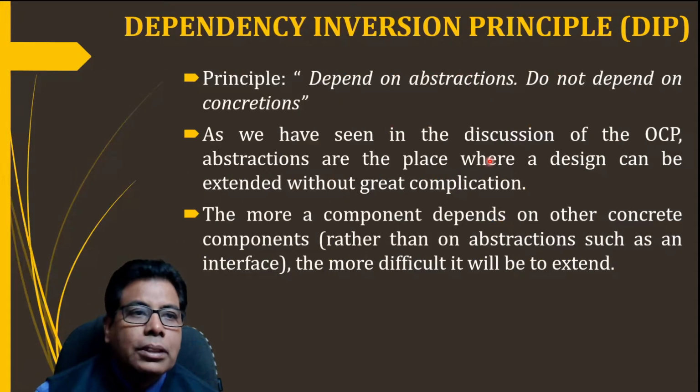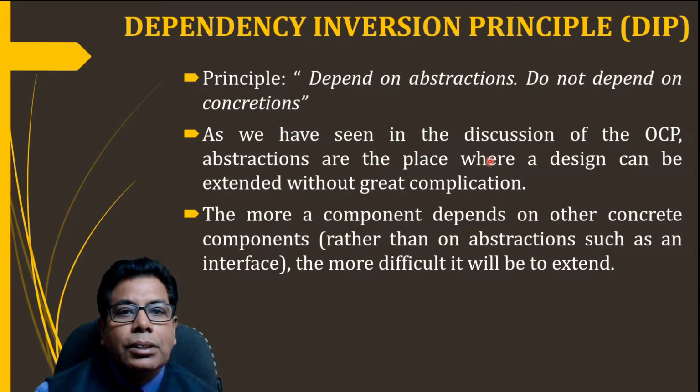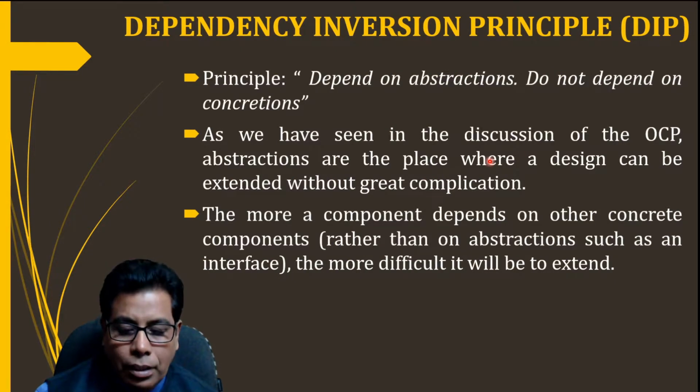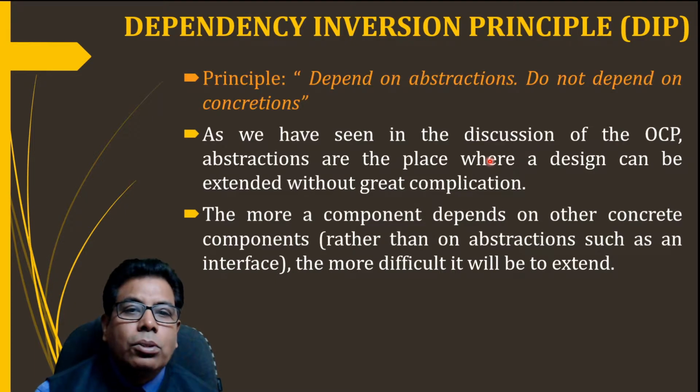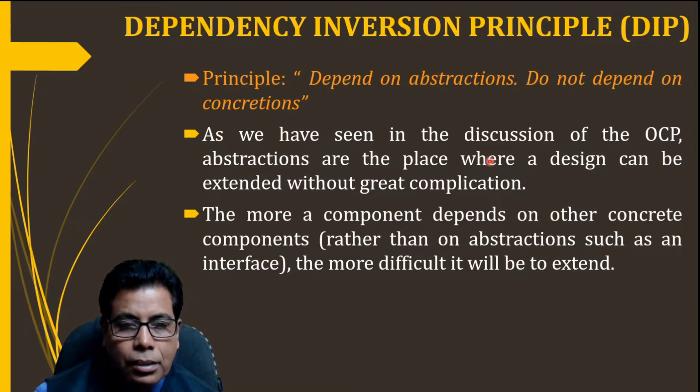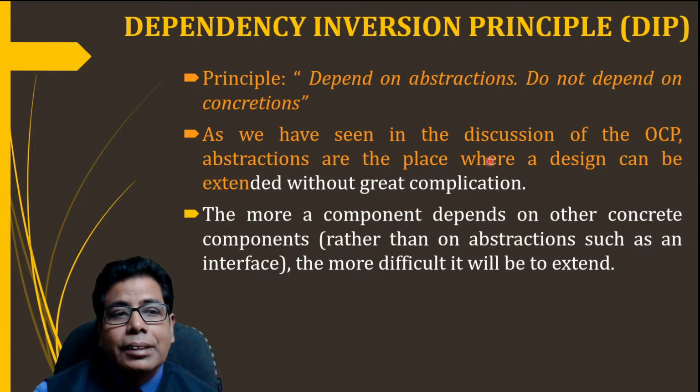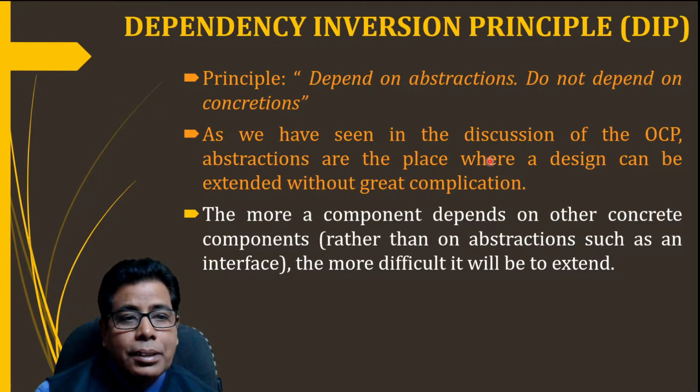Then let us go to the next, dependency inversion principle. This principle states that depend on abstractions, do not depend on concretions. What is the meaning here? See, in the open close principle, we have discussed that abstractions are the place where a design can be extended without great complication.